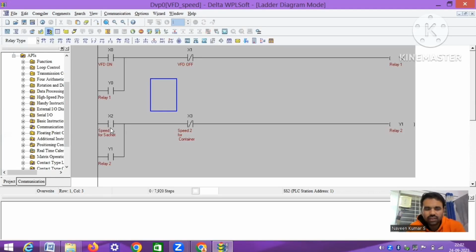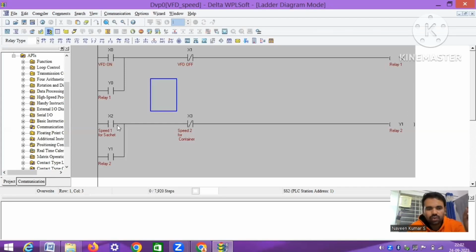You know that for sachet, the conveyor belt has to be moved faster. So when X2 is operated, the motor will be operated at 50 hertz. Now, whenever I press X3, the relay gets off. Now multipurpose input 3 is connected to 24 volts, and the motor will be operated at 20 hertz, where we fill the containers.